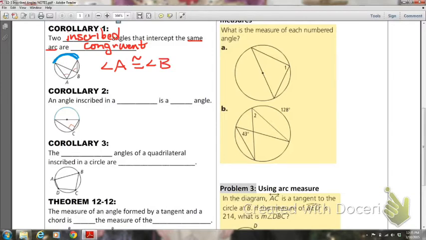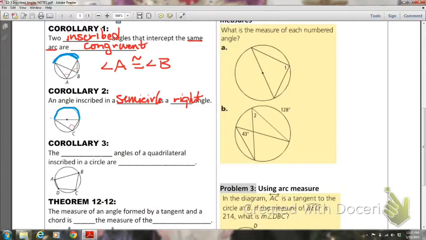In corollary 2, an angle that's inscribed in a semicircle, so it's half a circle, has to be a right angle. Why is that? Because the intercepted arc is a semicircle.